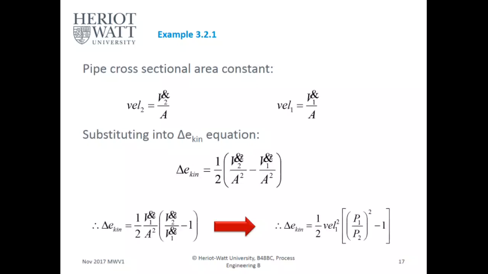Hence the change in kinetic energy is a half (V1 over A) squared multiplied by (V2 over V1 minus 1). Hence, the change in kinetic energy is a half multiplied by the initial velocity squared, multiplied by P1 over P2 minus 1. Now, you've seen this similar equation before, right?